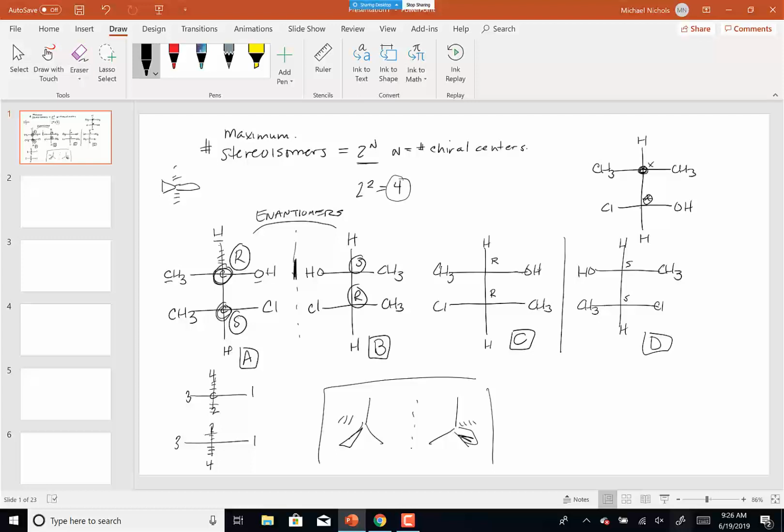The bottom carbon is a mirror image of each other, but I also know that it goes from RR to SS. Every single chiral center has been changed. And so C and D's relationship is they are enantiomers. So A and B are enantiomers and C and D are enantiomers.